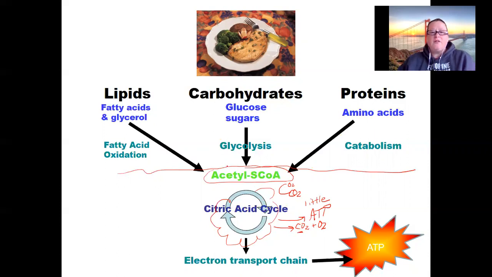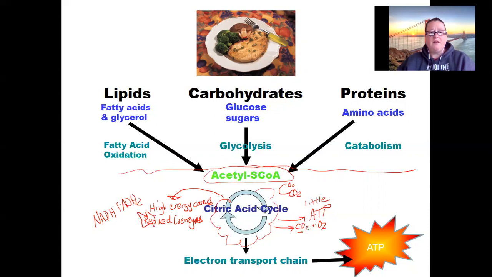But the most important aspect of the citric acid cycle is that it spits out our high energy carriers, which are our reduced coenzymes, which include NADH and FADH2.